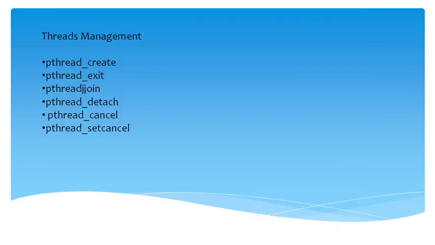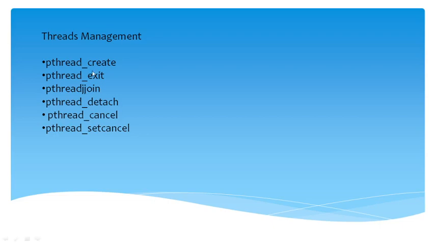So this is thread management, and what are the different procedures we have in thread management? First, pthread_create. This is used to create a new thread in the same address space as the calling thread. A package will consist of different classes, interfaces, and libraries held together.